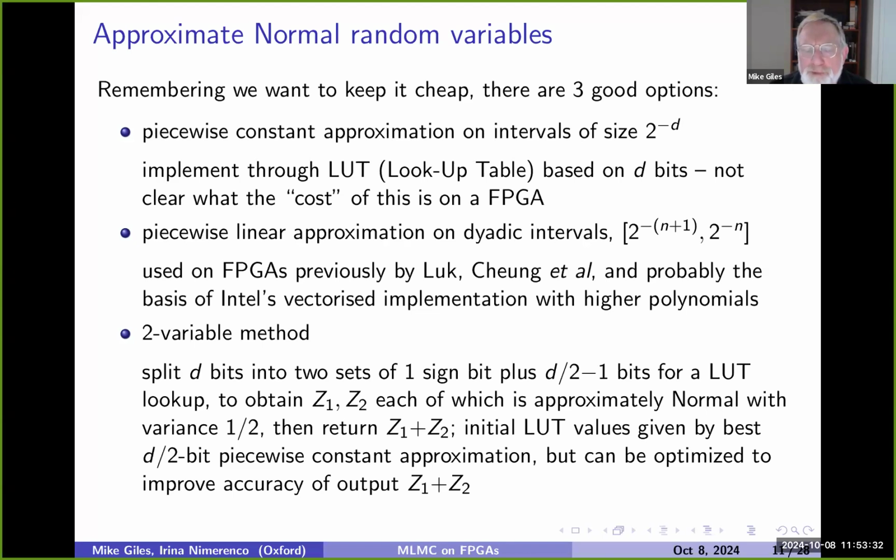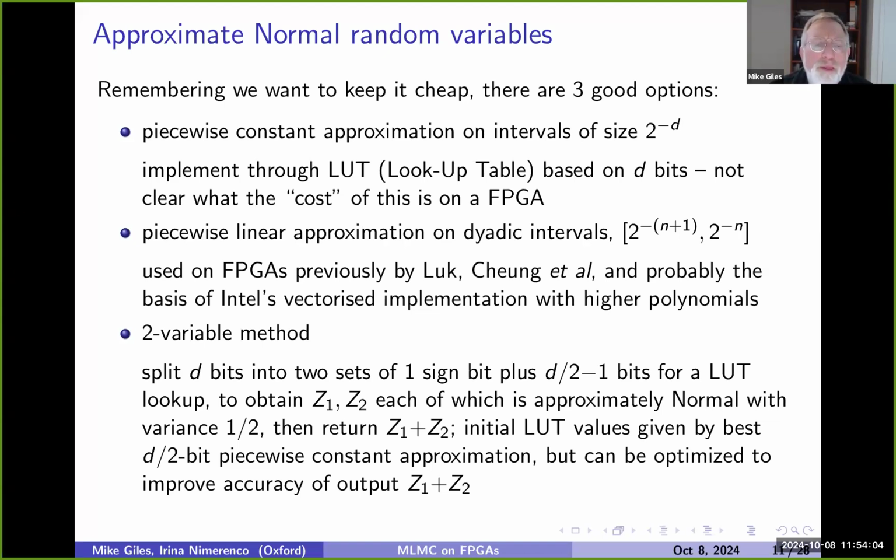One of the things that's bad about that is the inverse CDF function is singular near u equals 0 and u equals 1. So another way of approximating it is to do it on what are referred to as dyadic intervals, so intervals which get smaller and smaller as you approach 0. Think of this as approximating the bit that goes from 0 up to half.